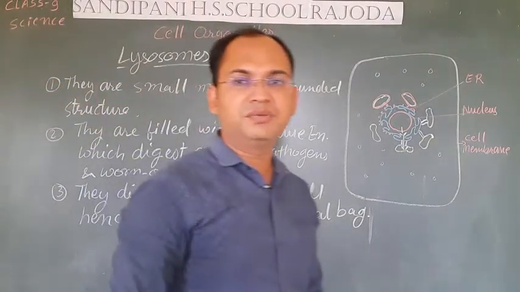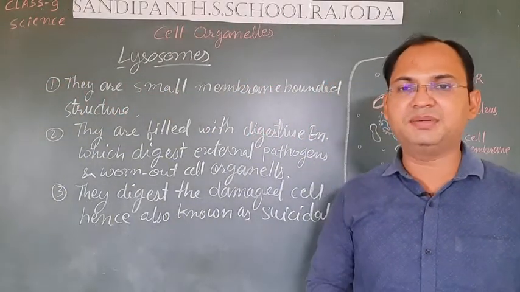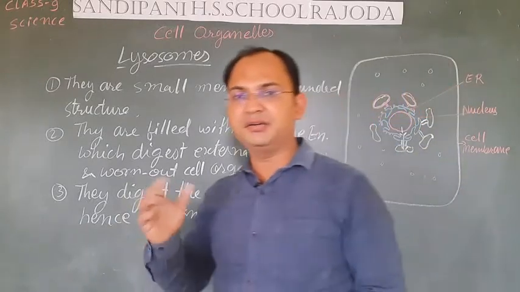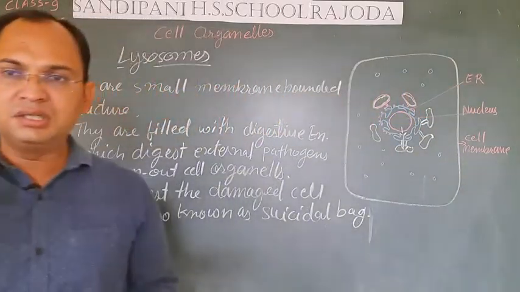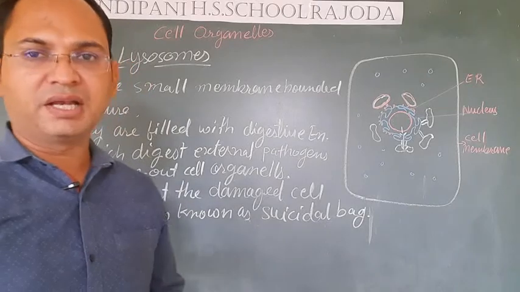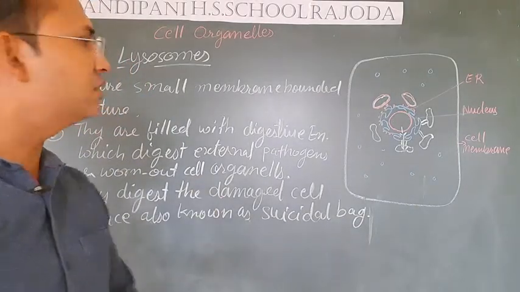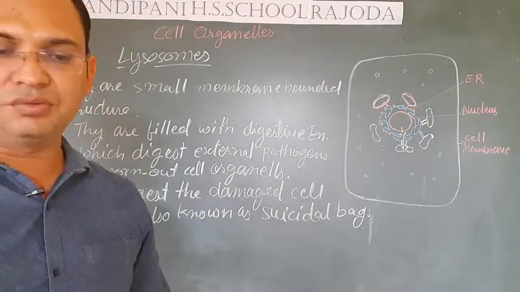That is the meaning of why lysosomes are known as suicidal bag: they have the ability to digest the own cell in which they reside. So this was the next cell organelle, that is lysosome.